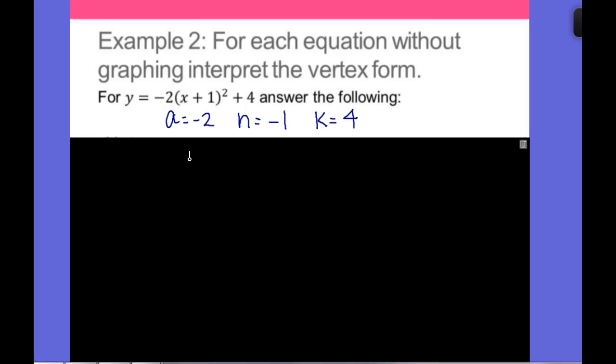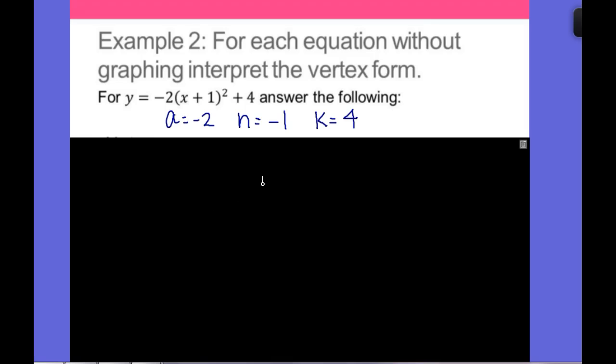So we're going to use those key pieces of information to identify my vertex, axis of symmetry, my domain and range, and if I have a min or a max, etc.